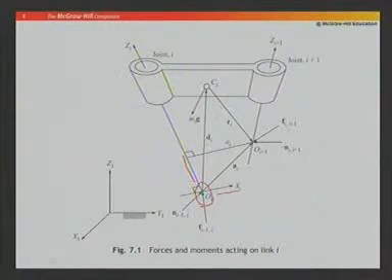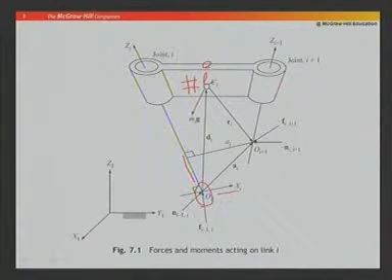However, at this junction, that means Oi, both links, link i and link i minus 1, are in contact with each other.